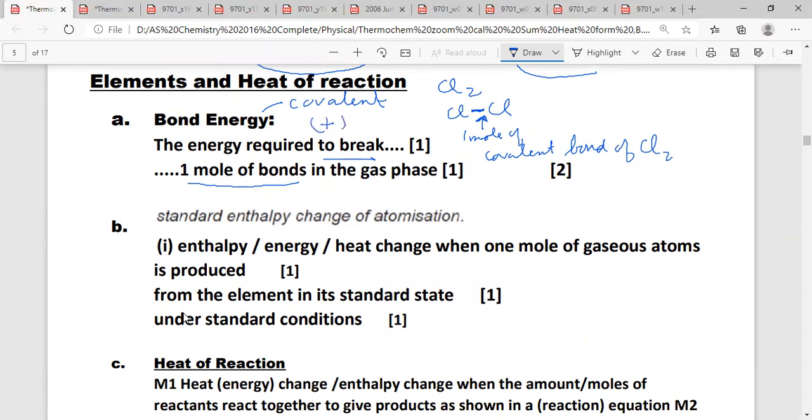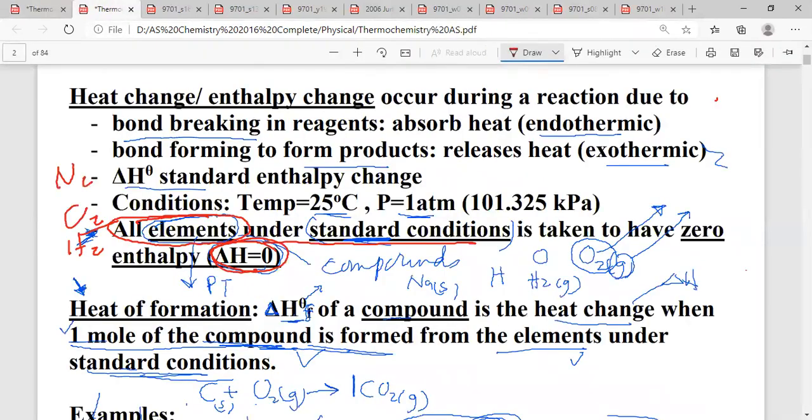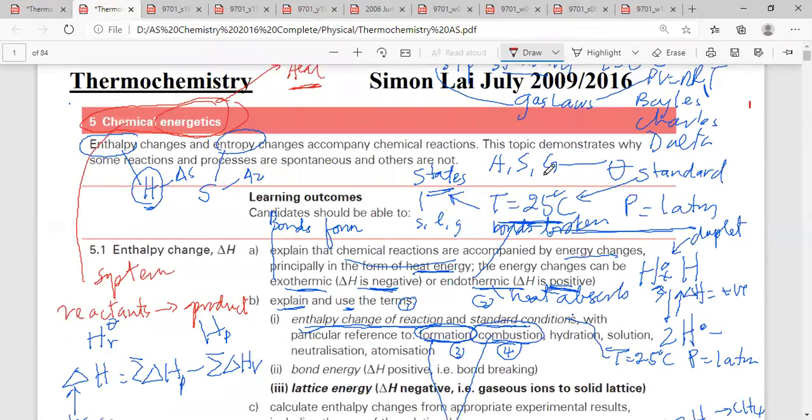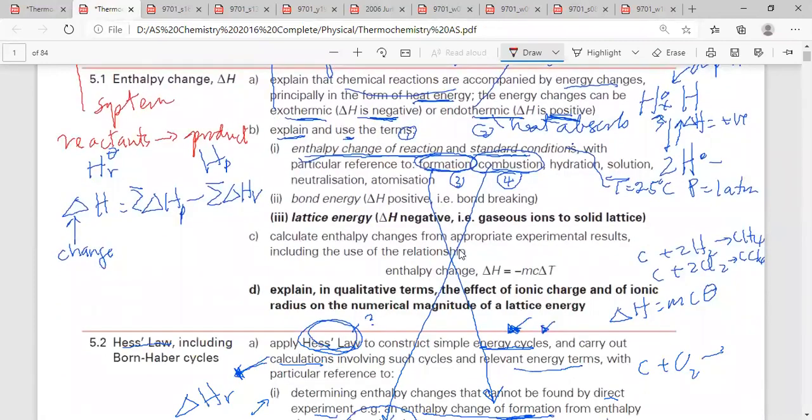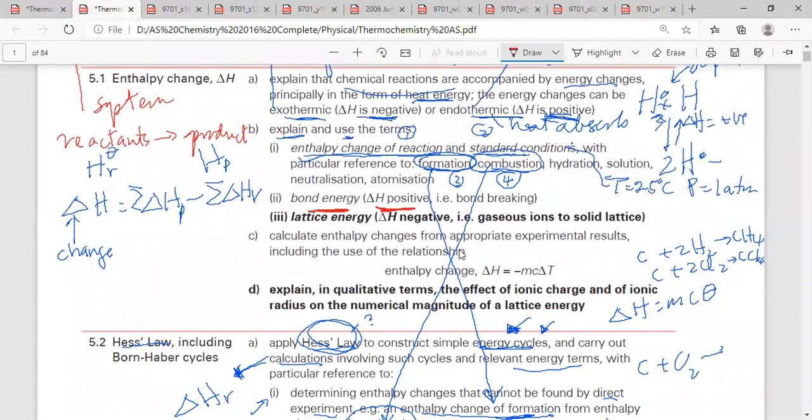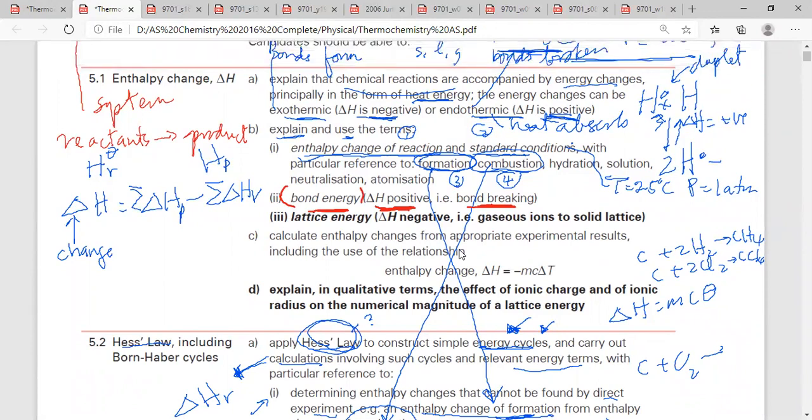The syllabus requires you to say that. It's very important. Bond energy delta H is positive because whenever we say bond energy, it always means the breaking of bonds. Of course, forming the bonds is also an energy, but it's negative. But the syllabus says whenever they talk about bond energy, it's always positive.